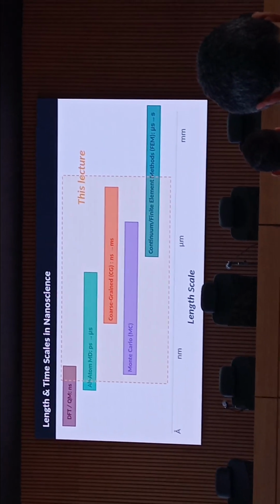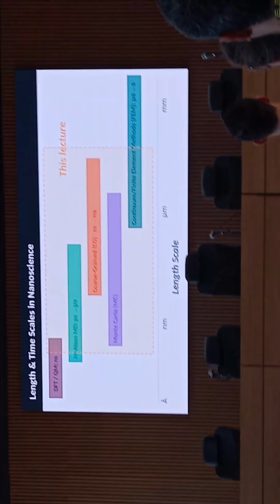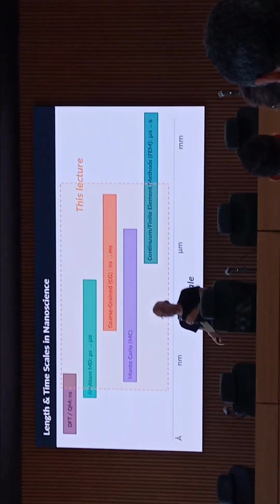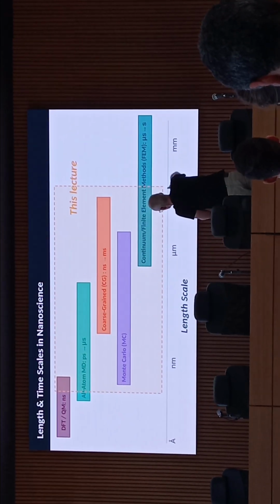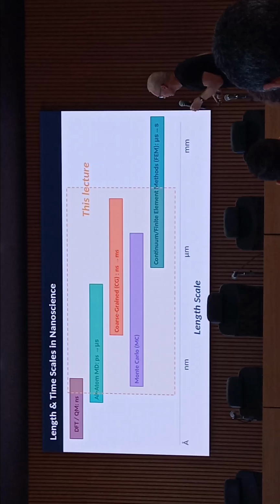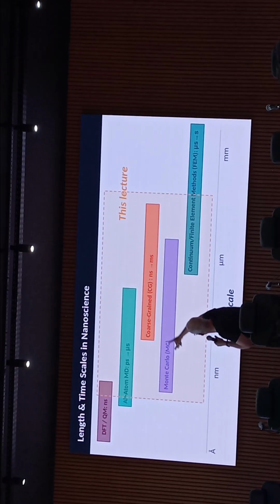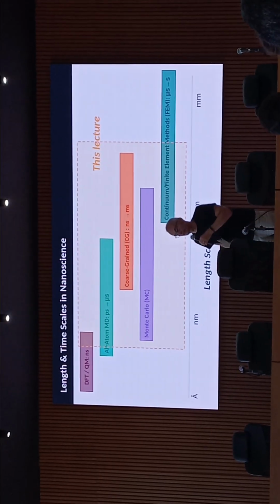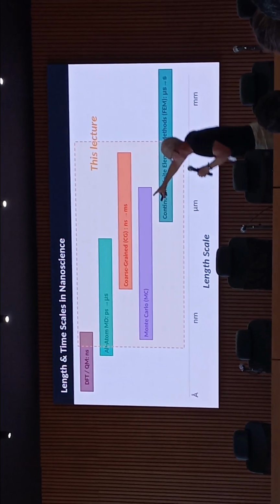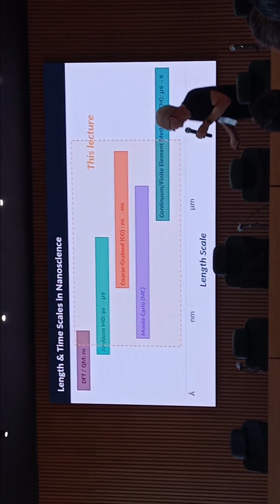Okay, if we talk about simulation methods in nanoscience, we should talk about length and time scales a bit. The length scales I'm concerned about range from atomic scales, so this would be a few angstroms, up to a few micrometers, and this is typically the end of the colloidal scale. And this is where you employ these methods, so all atom is of course limited to a few tens to 100 nanometers, and accordingly also the times go up to microseconds, and then it's the end.